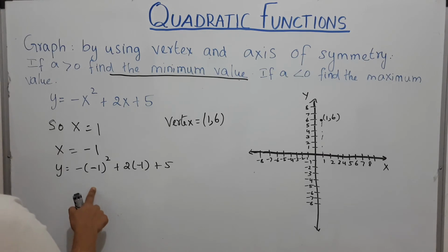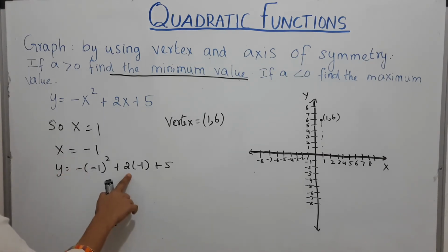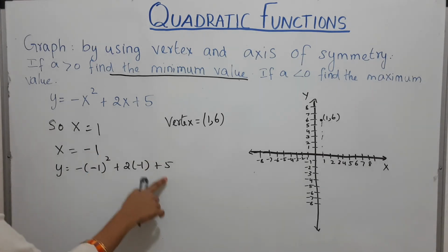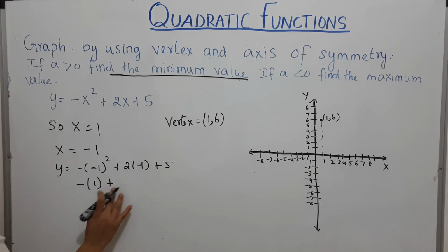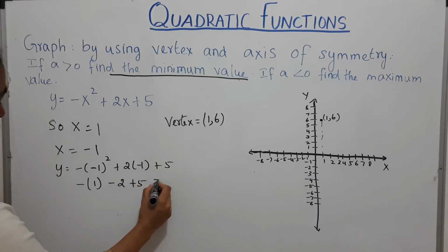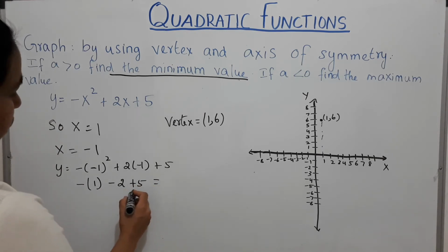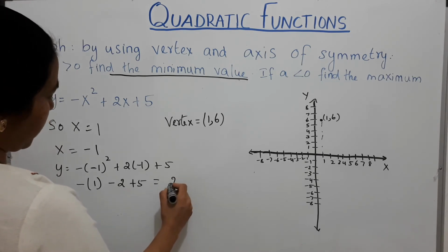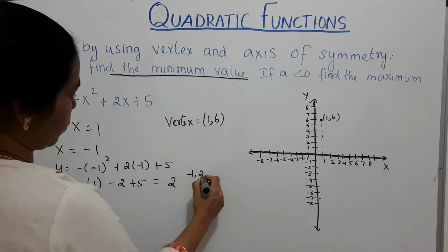You are just substituting in here. So minus 1 the whole square will be 1, and plus 2 times minus 1 will be minus 2, plus 5, which is equal to minus 1 minus 2 will be negative 3. Negative 3 plus 5 will be 2. Okay. So the other point will be negative 1 and 2.